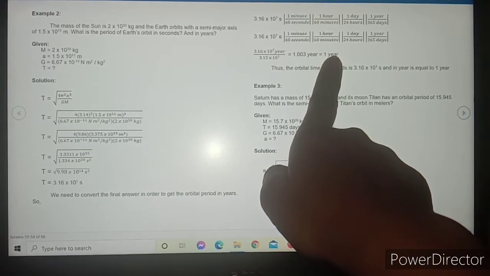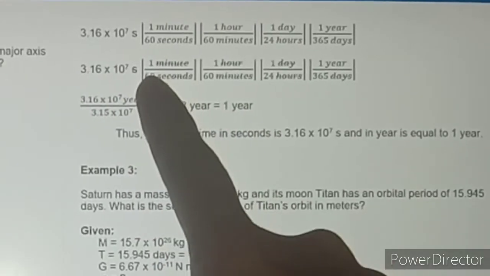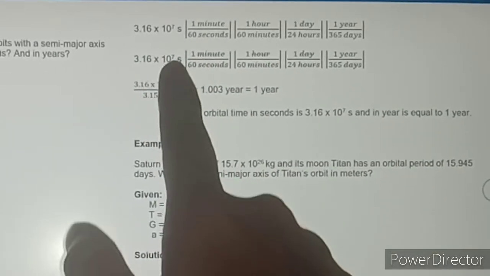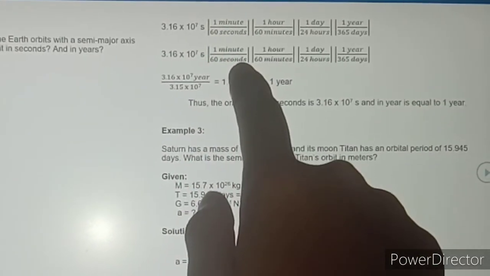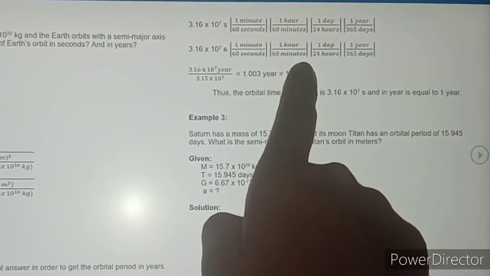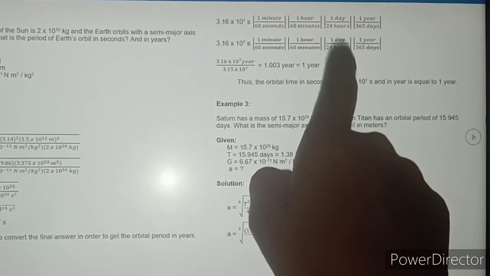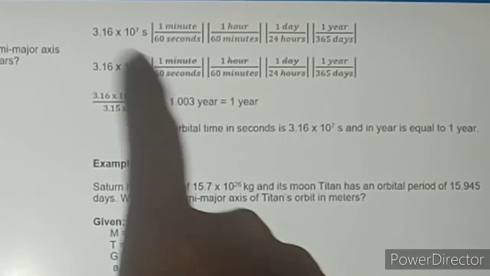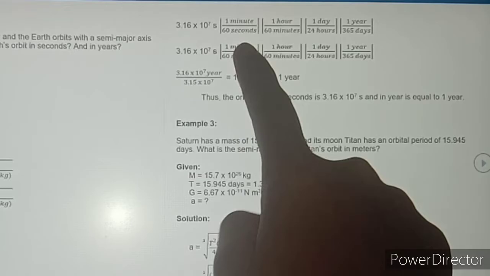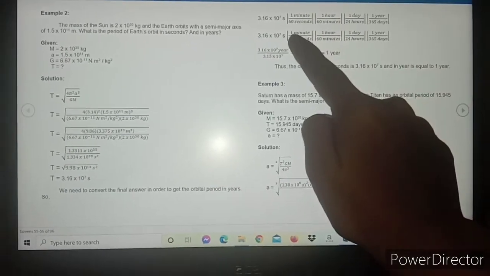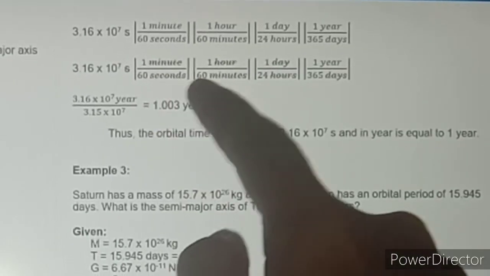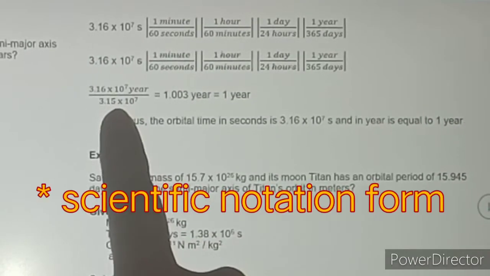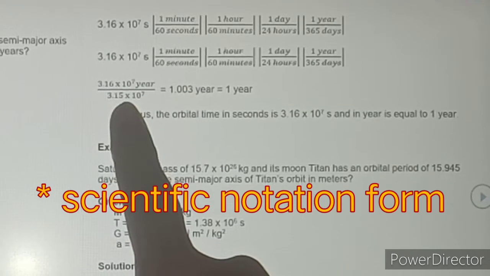Okay? And then next, ipinakita lang sa second computation na to yung pag-cancel natin ng same units. So, we have seconds here and then seconds. So, we have minutes, or hours, and then day, and then days. Okay? So, we need to multiply this value to all the numerators. And then, divided by kung ano man yung magiging sagot natin in the denominator. So, dito, ipinakita siya ulit in exponential form. Okay?